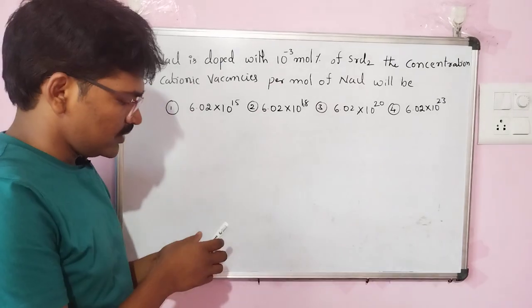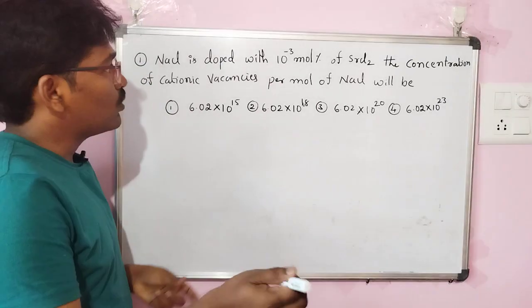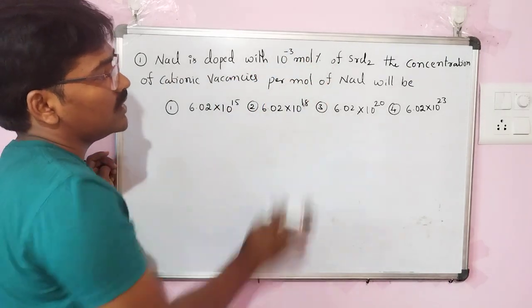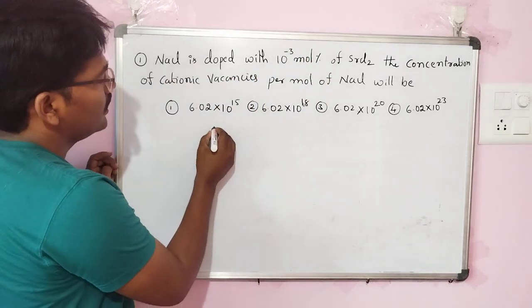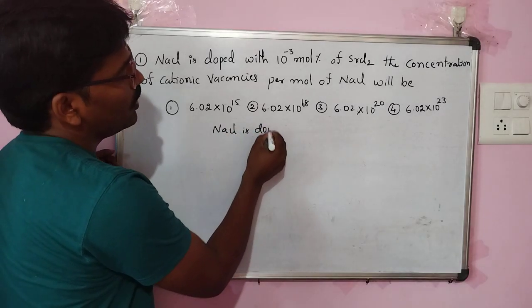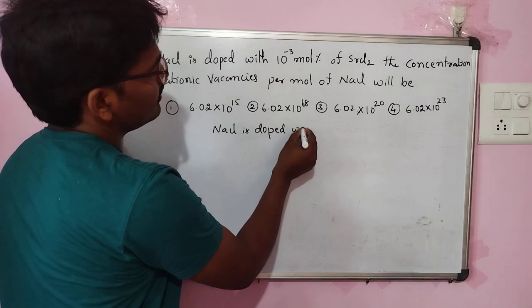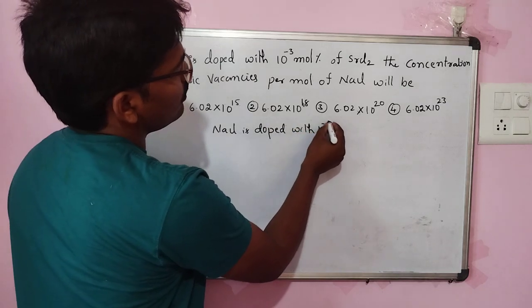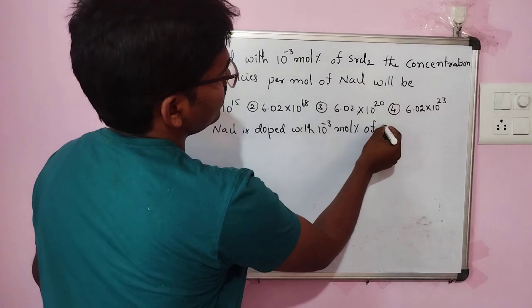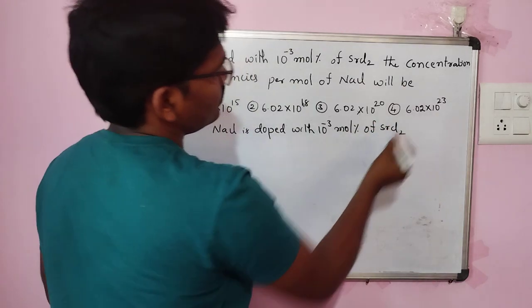So look at how it is. The question is NaCl is doped with 10 to the power of minus 3 mole percentage of SrCl2.